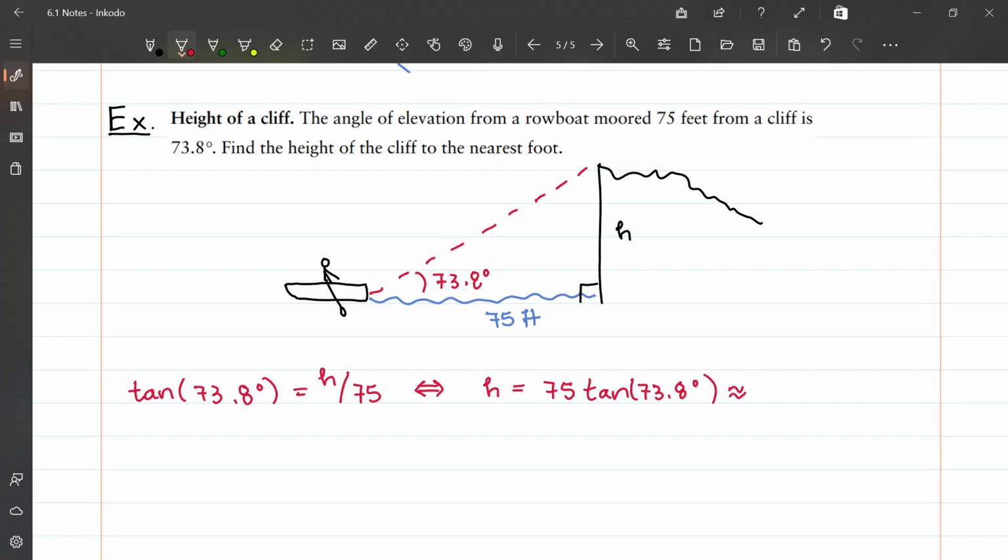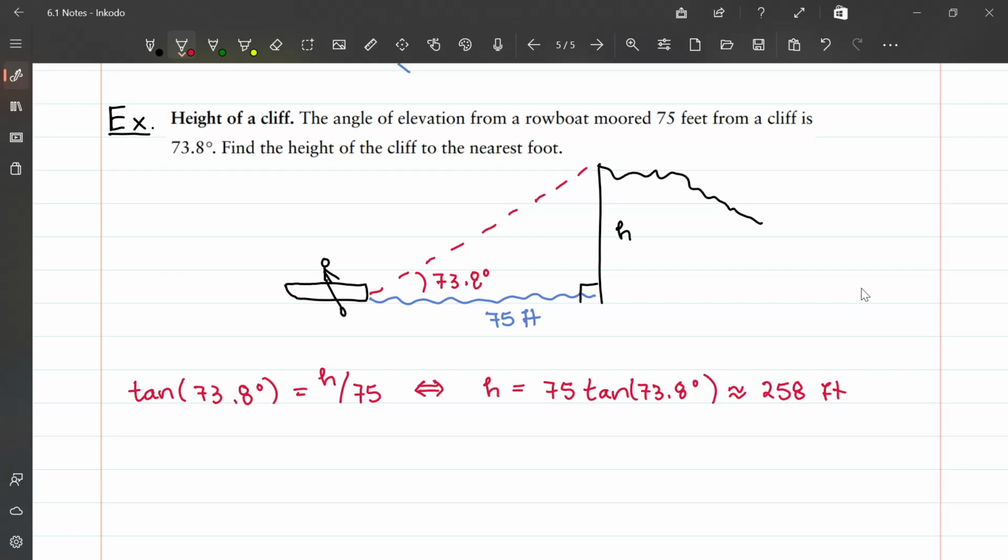And if we run that calculation through our calculators, I get 258.1516933, etc. So the nearest foot here would be 258 feet, approximately. So apparently the height of this cliff, even though it doesn't quite match the scale of my drawing, is 258 feet and some change.